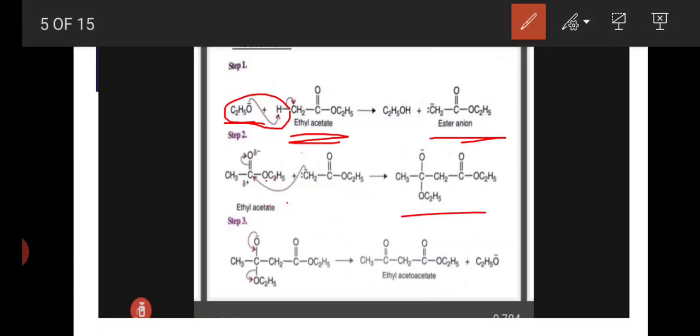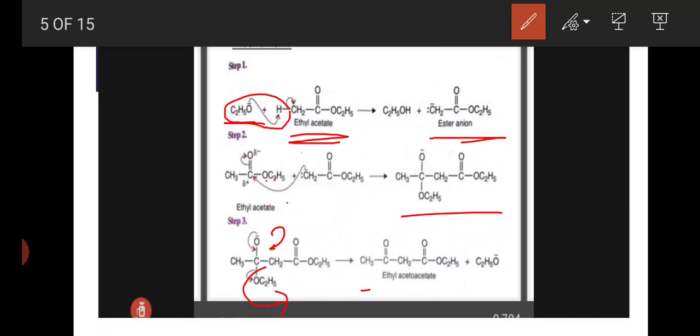Okay, here this compound is formed in step 3. The negative charge on this oxygen shifts between carbon and oxygen, and it loses the ethoxide ion. The pi bond shifts to here and this bond breaks and loses C2H5O minus.